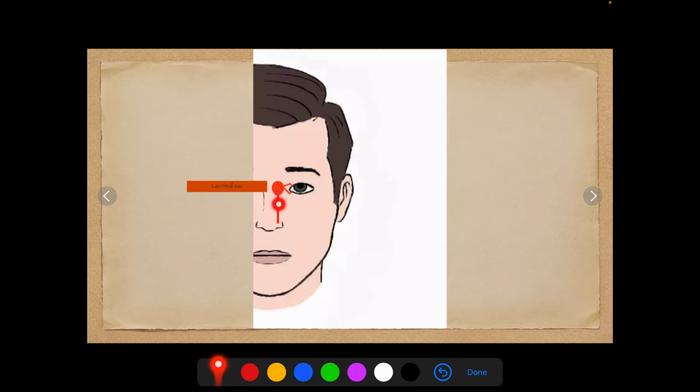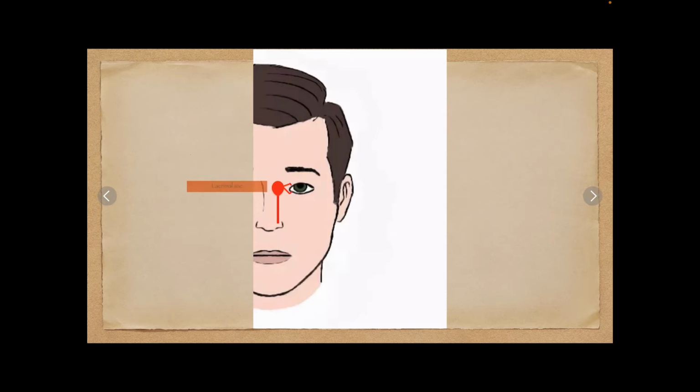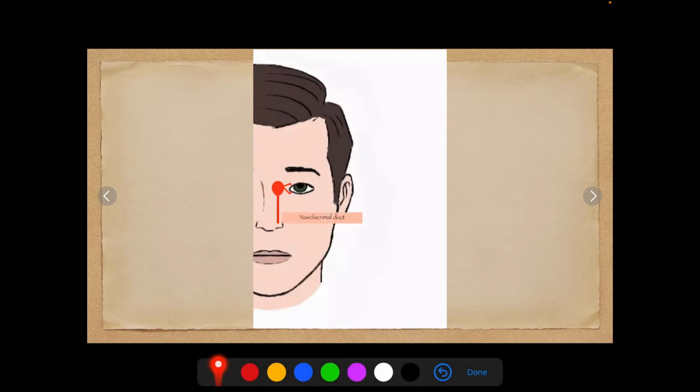This tube structure is called the nasolacrimal duct. This tube-like structure takes tears from the lacrimal sac down into the nose. A very important structure concerning watering in babies.